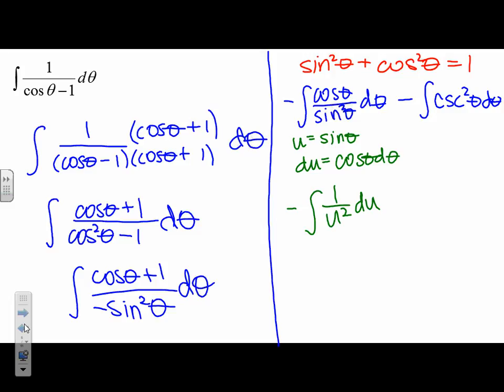So this becomes a positive 1 over u. And this becomes minus a negative cotangent.